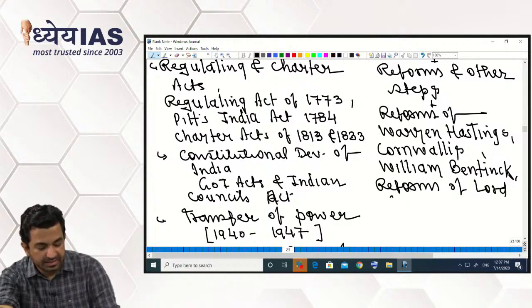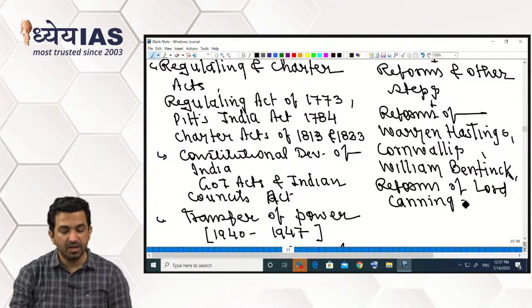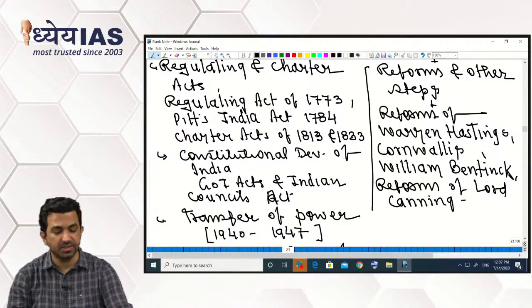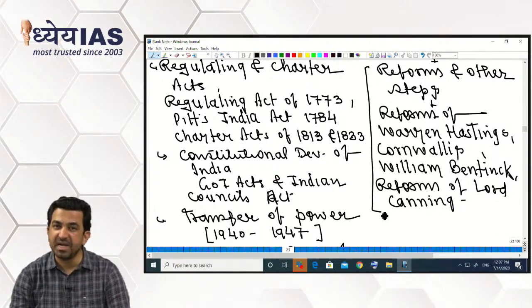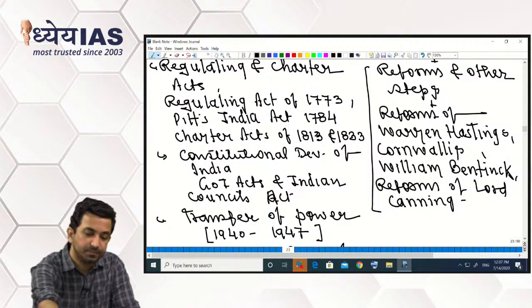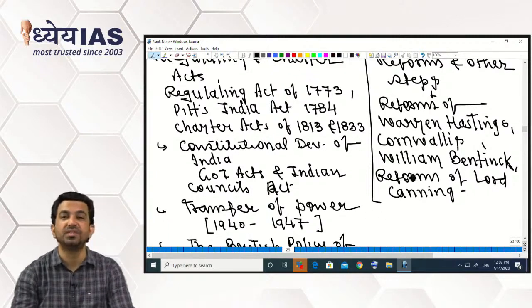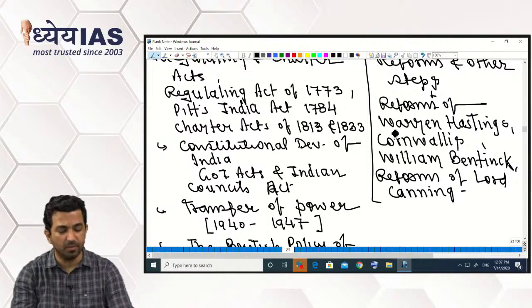reforms introduced by Lord Canning. So reforms introduced by the British governors and governor generals, like postal reforms, telegraph reforms, army reforms, several other reforms.